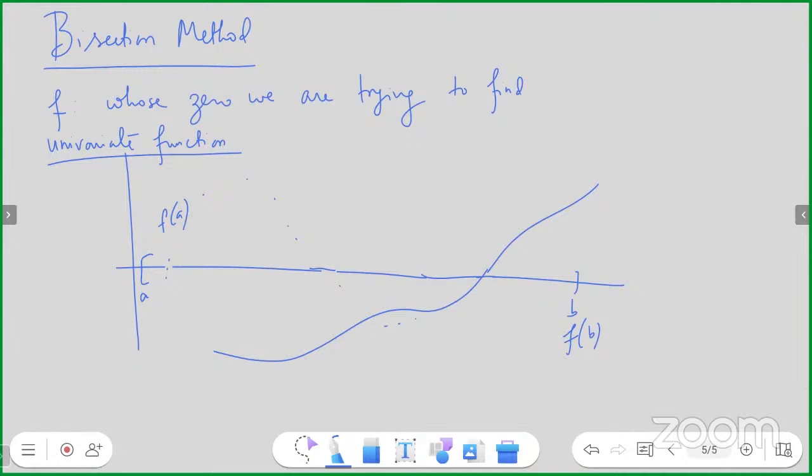So now we need to record the thing. Okay, so I go to a plus b by 2. And now what should I look at? Whether it is less than or greater than 0. So suppose in this case it is less than. Then what should I do? I'll just shift a to a plus b by 2. And this is my new interval. And I keep doing this repeatedly.